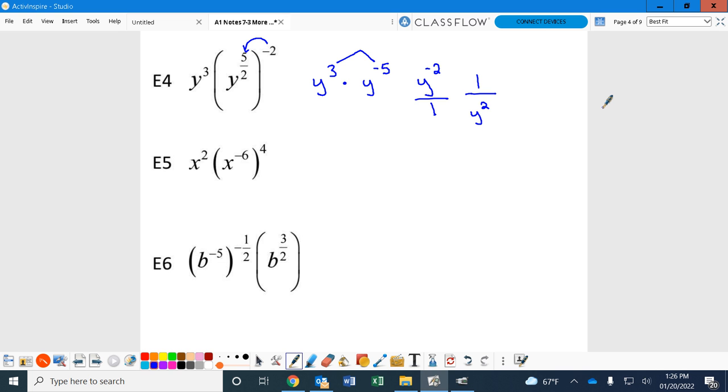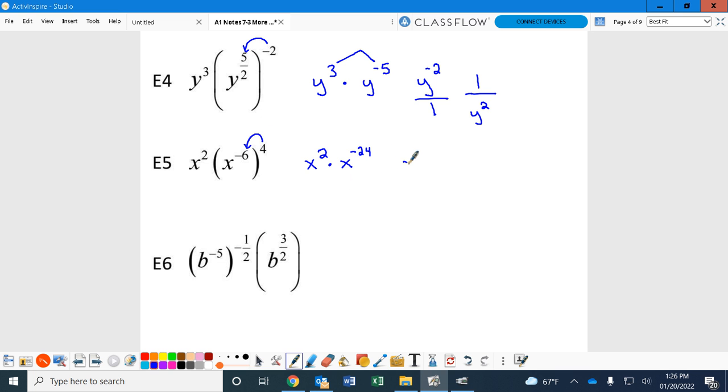Okay, here we go again. Does the x to the 2nd need to be multiplied by the 4? No, it's just x to the 2nd. The one on the inside of the parentheses is the one that we multiply that by. So it's going to be x to the -24th. Good deal.